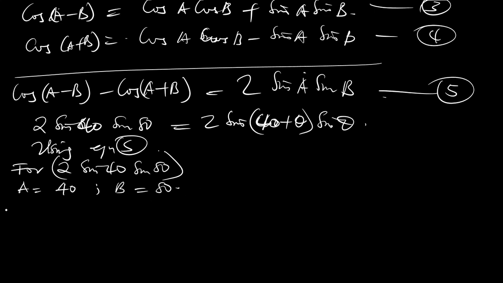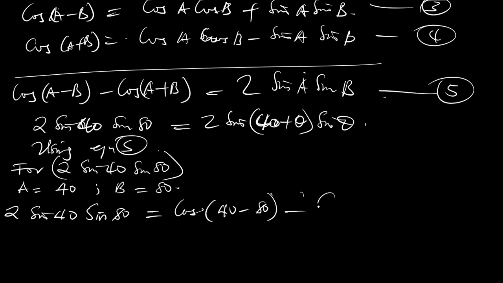Substituting that into equation 5, you now have 2 sine 40 sine 80 equal to cos(A minus B), which is 40 minus 80, minus cos(A plus B), which is 40 plus 80.